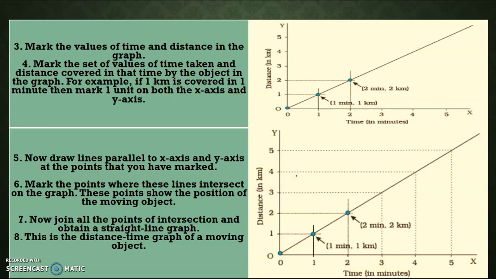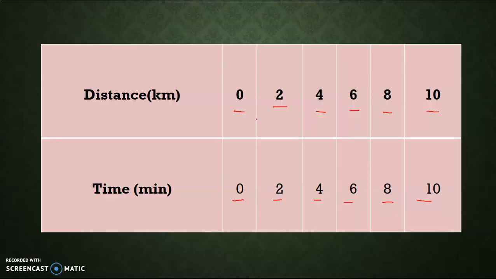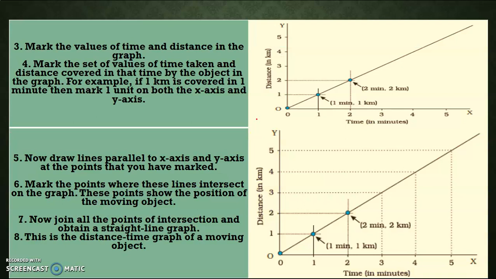Now we will represent these points on our axis with the help of this table. You can see, at 0 minutes 0 kilometers, 2 minutes 2 kilometers, 4 minutes 4 kilometers. We will represent this data on our graph. So just see, on 0 there is 0, on 1 there is 1, on 2 there is 2.